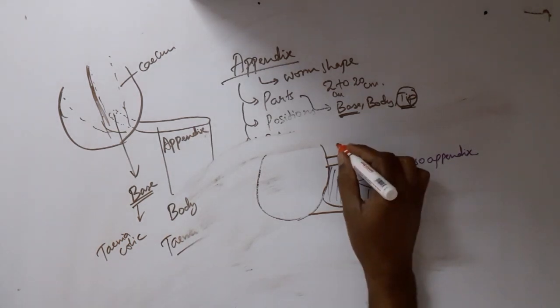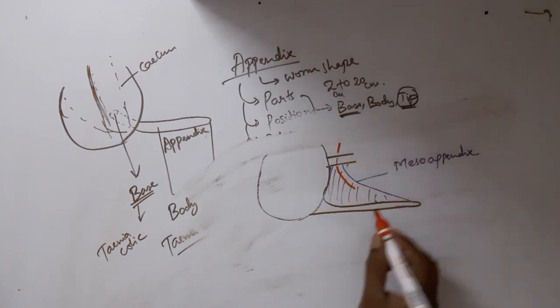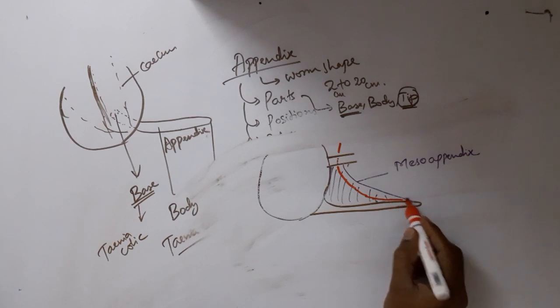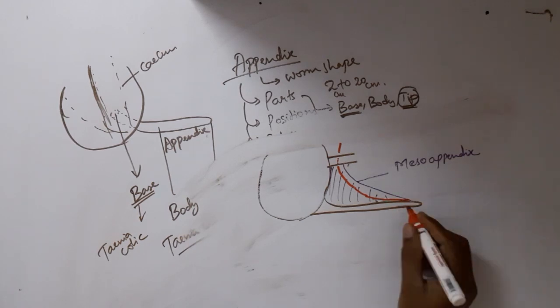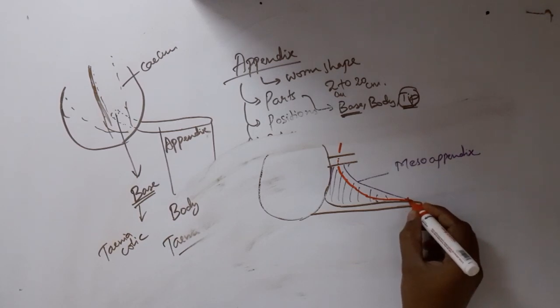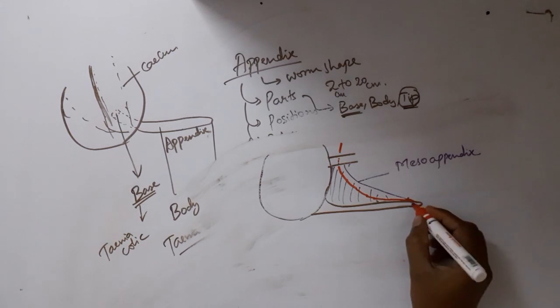What is the peculiarity of this? Into that we have the appendicular artery, which goes behind the ileum and enters the appendix. While going towards the tip, it gets closer to the tip of the appendix. Here we have a clinically important point.